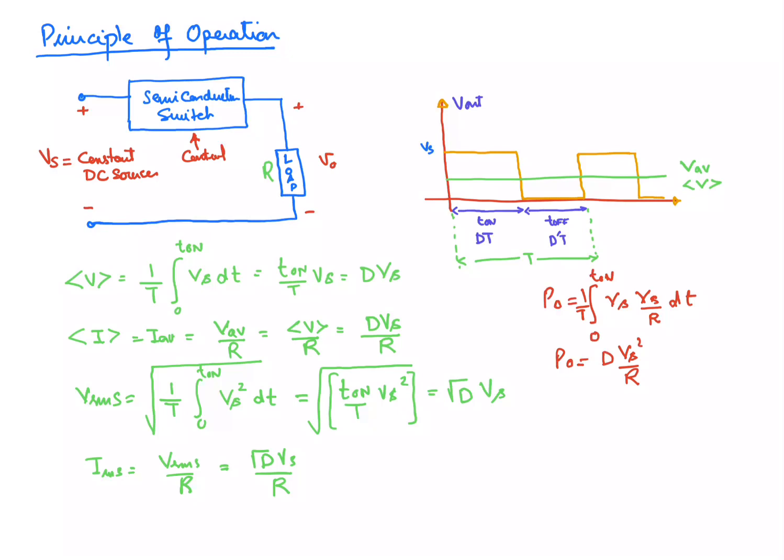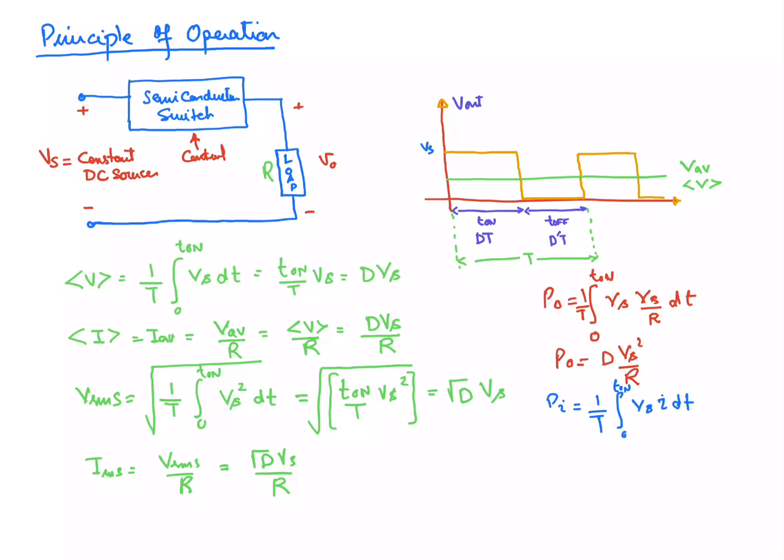And similarly, you can look at the input power of this converter, so let's suppose that is equal to Pi. So how you can find out that one? That will be equal to 1 by T integration from 0 to T on, right, Vs into the input current, that is the supply current, over this interval of time, the product of these two.